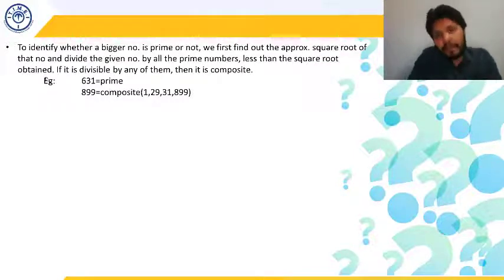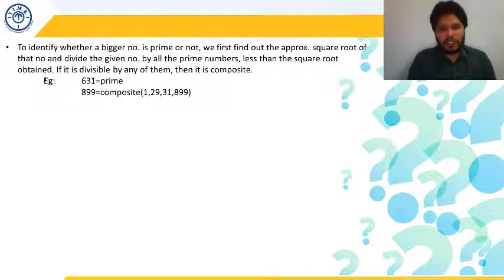If we divide it by all the prime numbers less than 29 point something, it is divisible by 29. When we divide 899 by 29, what is the quotient? 31. Because this number 899 is 29 into 31. So we can say if it is divisible by any of them, then it has to be a composite number. That's why 899 is a composite number, because its factors are 1, 29, 31 and 899.